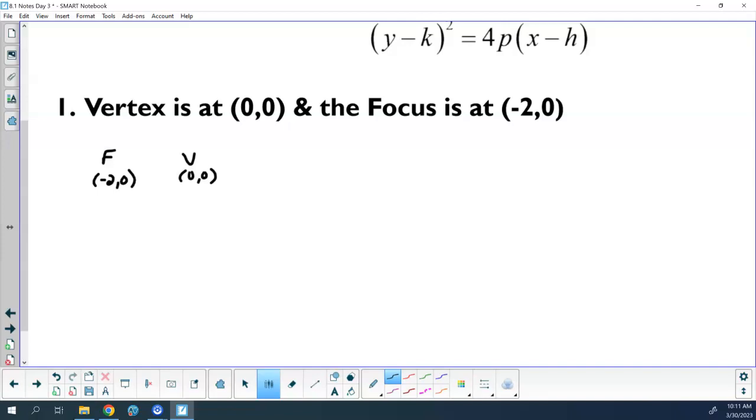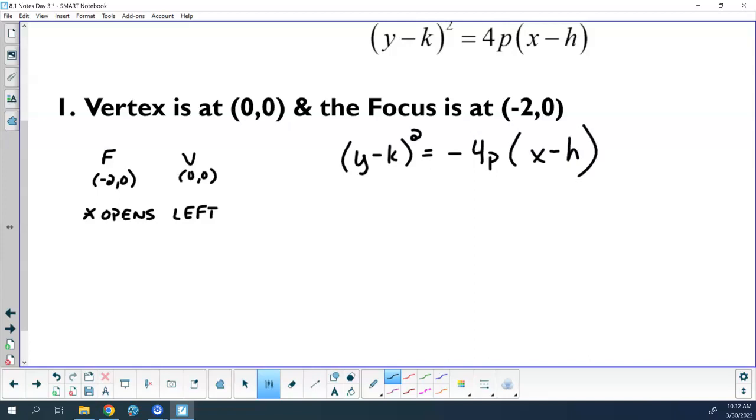Opens left. So is a left opening parabola an x squared or a y squared? y squared. Is it a positive or negative 4p? Negative. So I'm going to use this one that I still have up there. Y minus k quantity squared is going to equal negative 4p times x minus h. That's what the form is going to be.